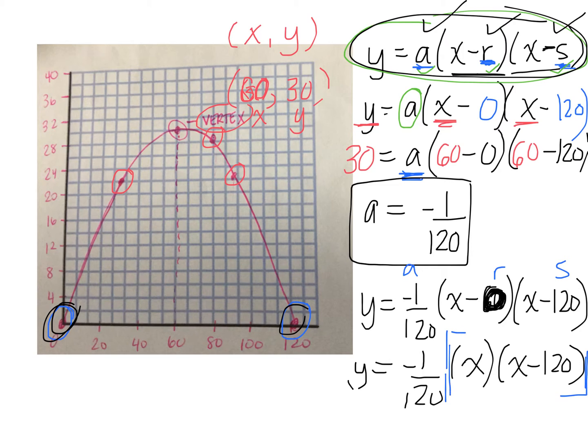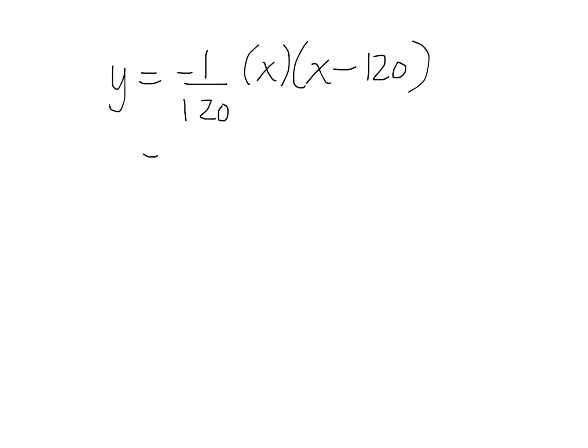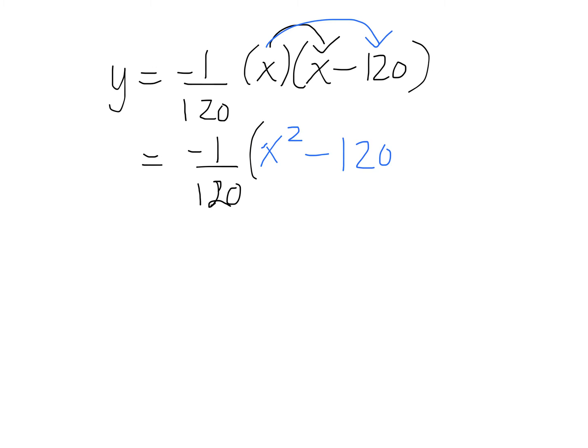Okay? So we're distributing X times X and X times negative 120. Do that part first. So it's negative 1 over 120, and I'm going to expand X times X, good, X squared, X times negative 120, negative 120X, okay?